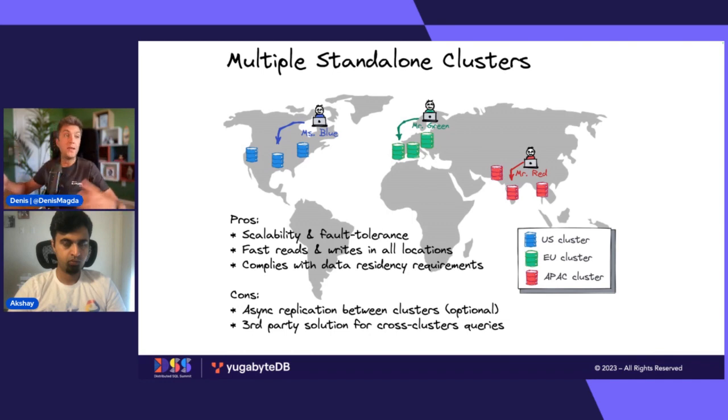If needed, you can enable asynchronous replication between them. But if you go forward with this deployment option, it's highly likely that those clusters will be pretty much isolated. Because if your application needs to pull data from one location to another location, then you would be required to join this data, to merge this data on your application layer, or you would be required to use some other third-party solution.